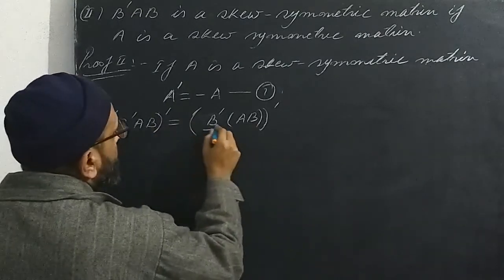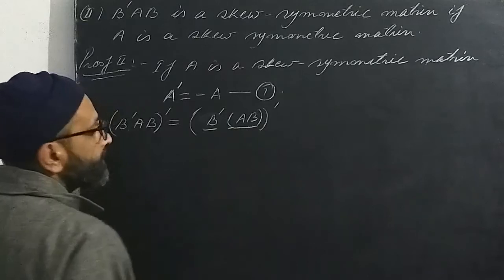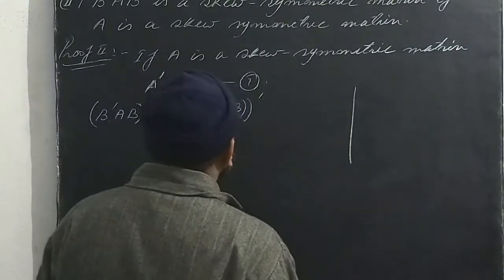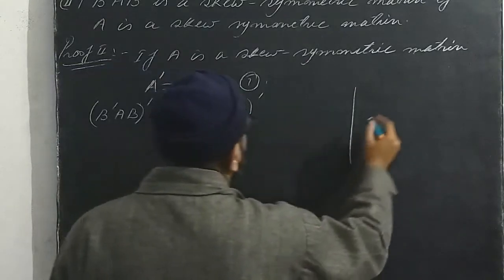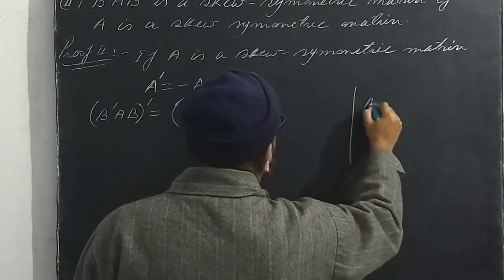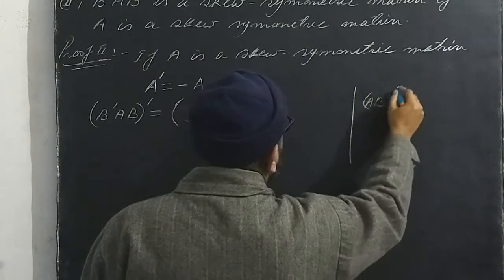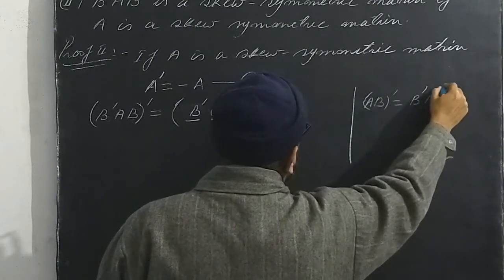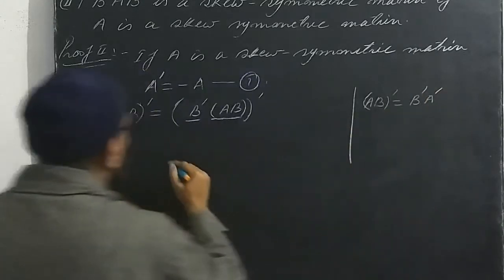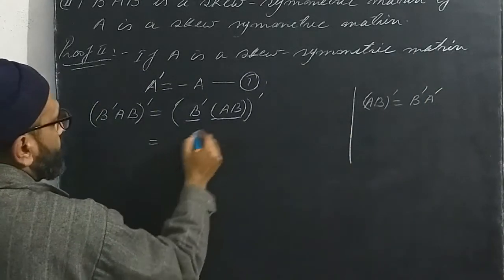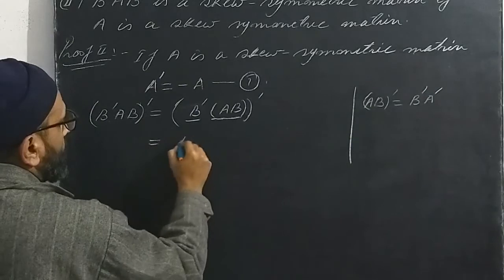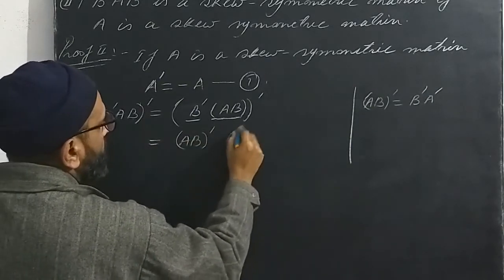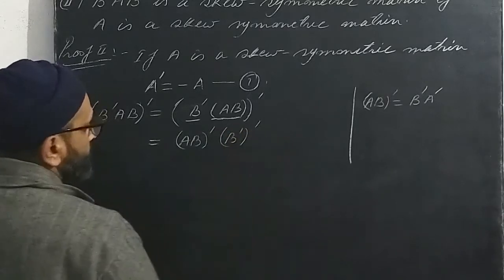So we consider this as the first matrix and the product of AB as the second matrix, as we have done in the first part. So since (AB)' is equal to B'A', we have (AB)' into (B')'.